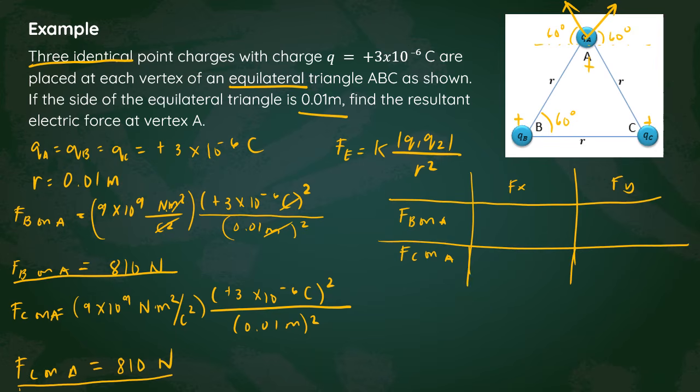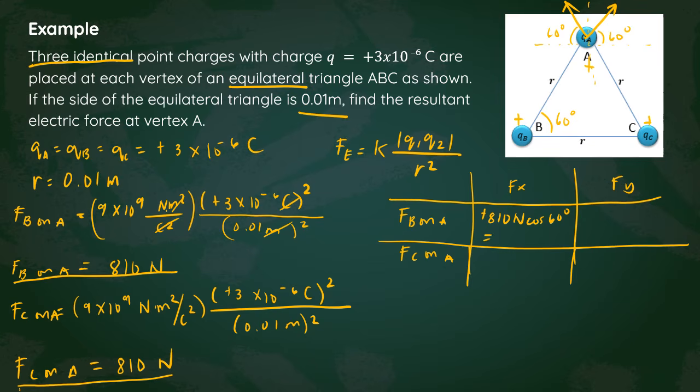What will be the horizontal component of force B on A? Now, since this is positive 810 newtons, and when we look at it as placed in a Cartesian coordinate plane, your x-axis is on the positive side. Therefore, you have positive 810 newtons cosine 60 degrees, since the angle between the x-axis and the force vector is 60 degrees.